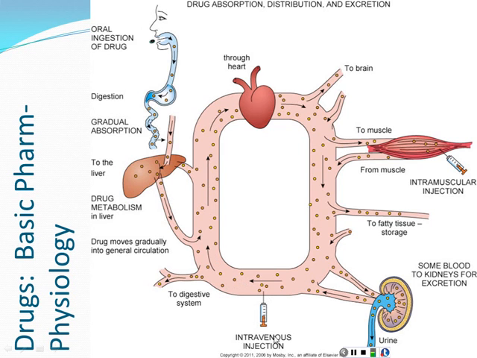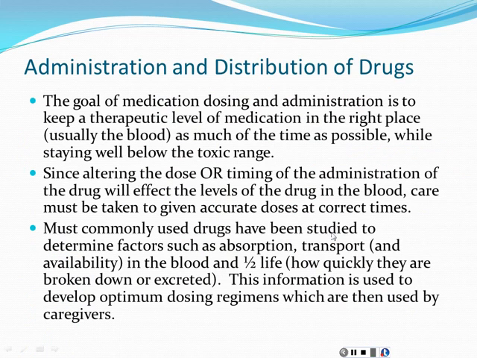So this is the widest group of medications because if you can make it, you can put it into the blood, basically. But not all substances can survive the digestive tract. So oral medications, there's many fewer of those than there are intravenous medications for that reason. And then eventually the liver or the kidney is going to excrete those.